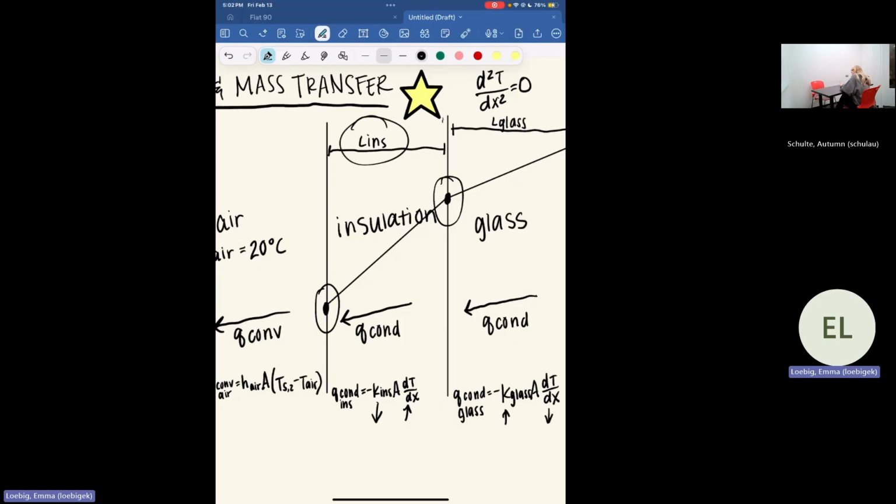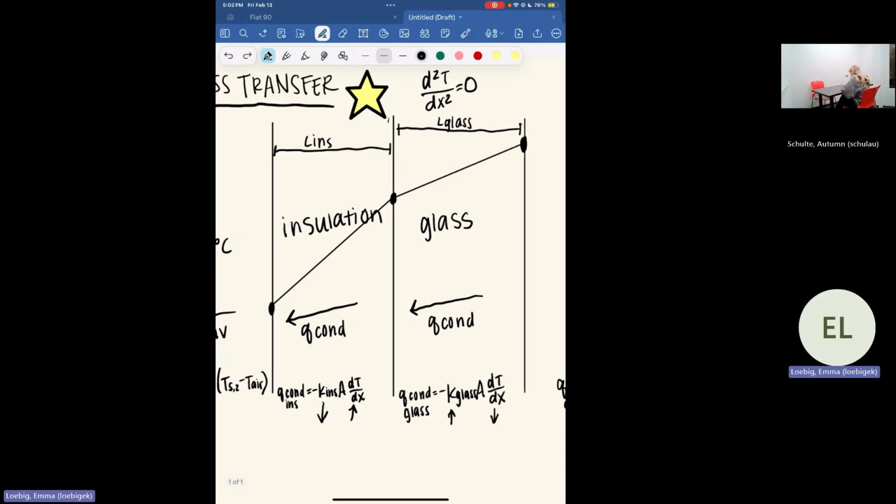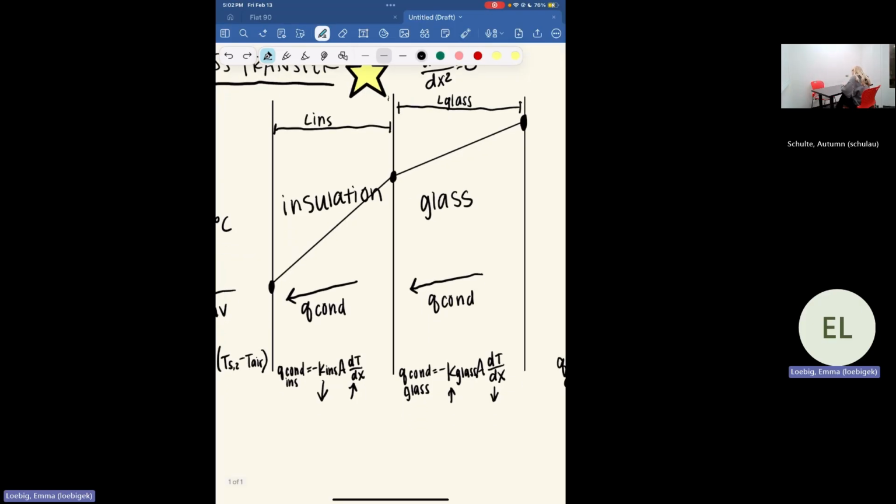Dividing by the thickness of the insulation gives us this slope, multiplied by the thermal conductivity gives us our value for Q. So we have 3 unknown values, which means we need 3 equations. So I'm going to start off by labeling this temperature as T1, this temperature as T2, and this temperature as T3.